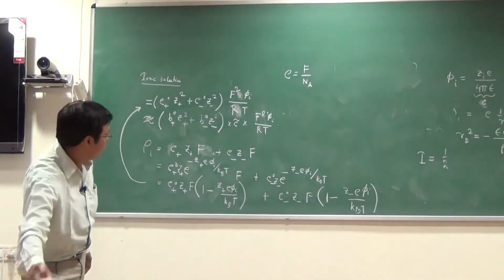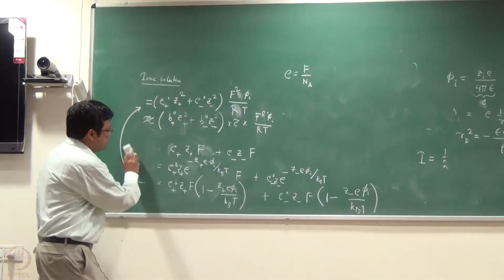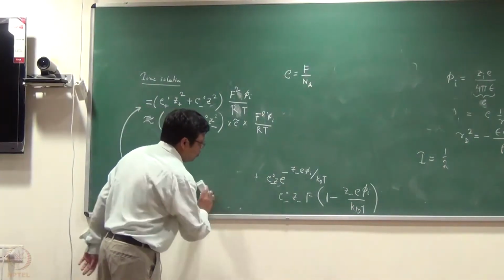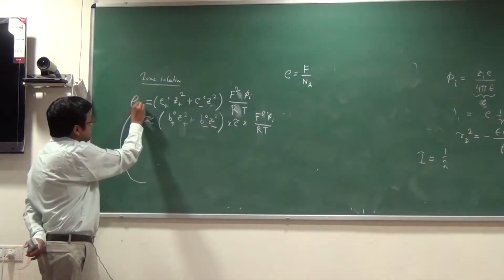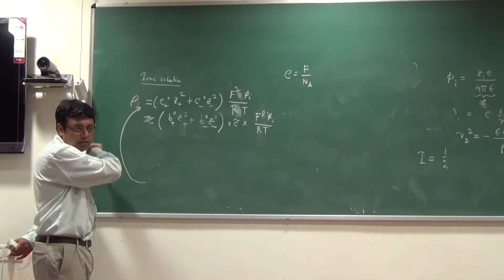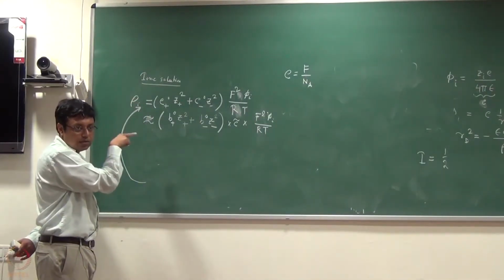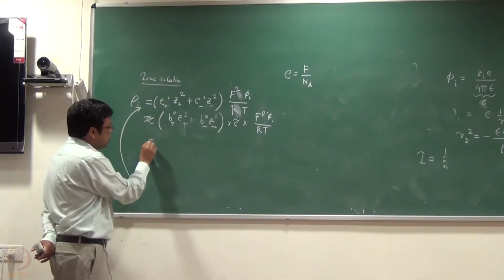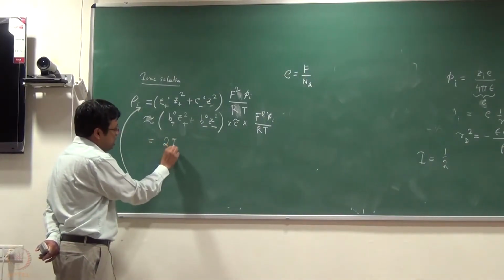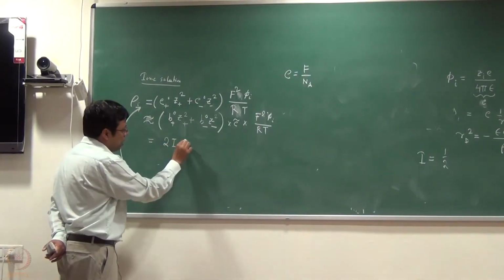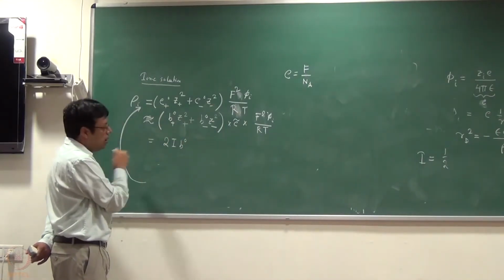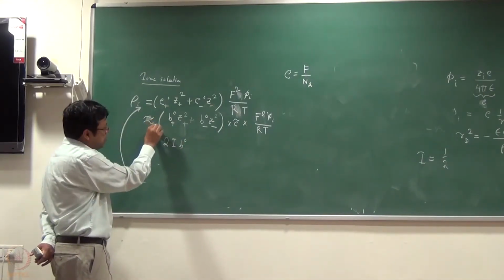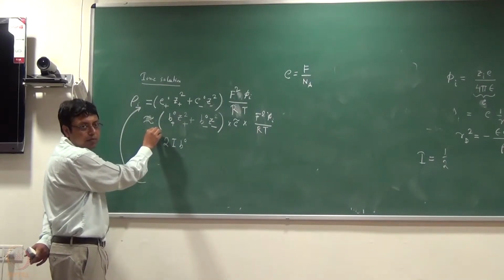So what I'll be having here is this rho I, which is the charge density for the ith species, which is equal to twice I. I should have a B0 because if I divide by B0, then I only get an I, and then I am multiplying by 2, dividing by half, multiplying by half.